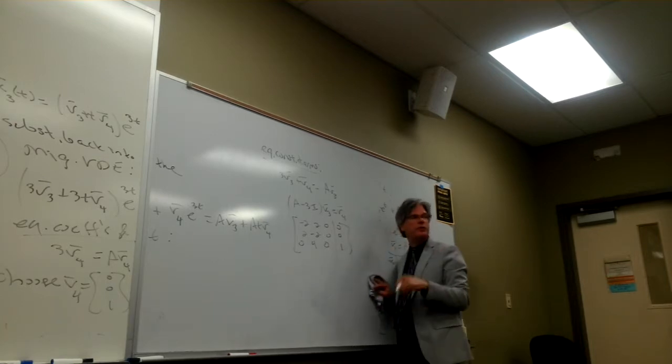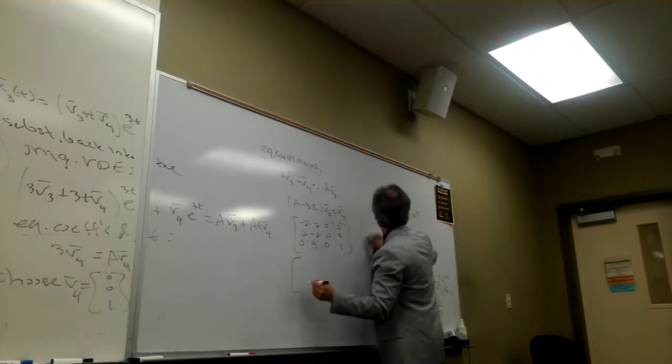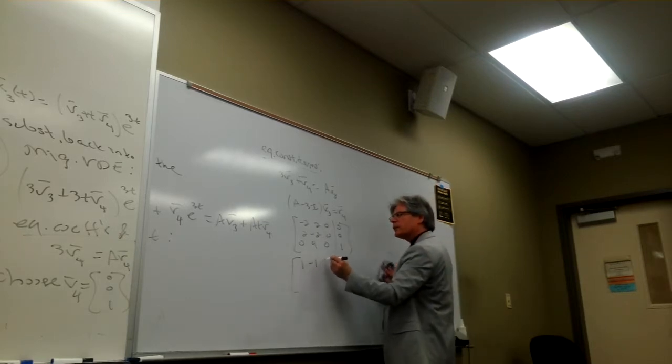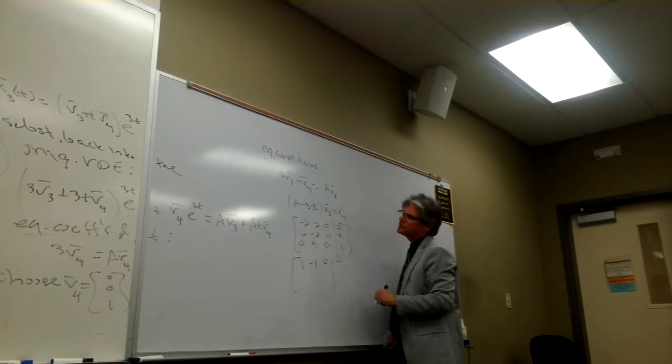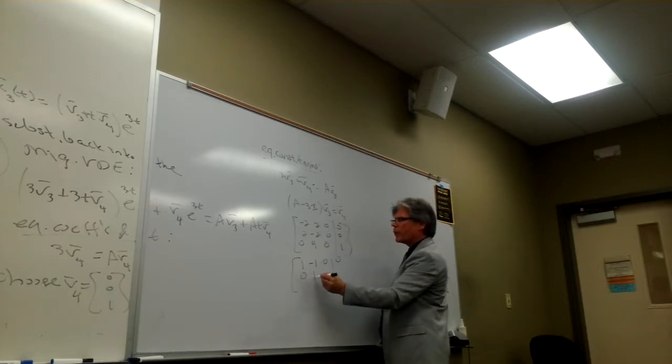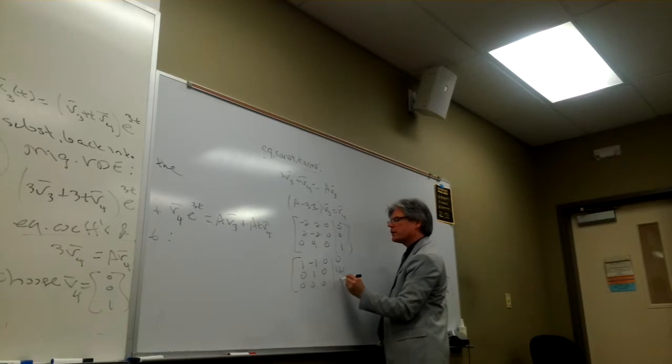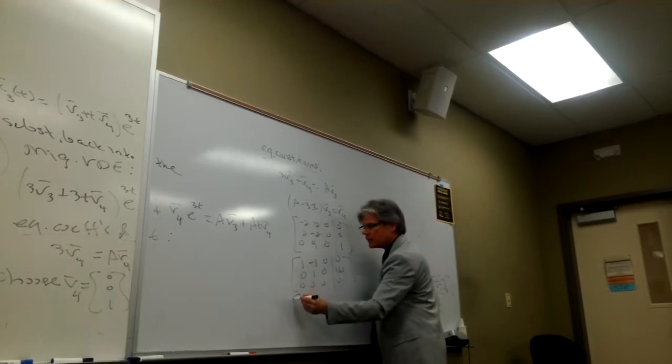And let's row reduce. In reducing, I see I have a 1, negative 1, 0, 0; 0, 1, 0, 1 quarter. And zeros throughout here. That gives me this.